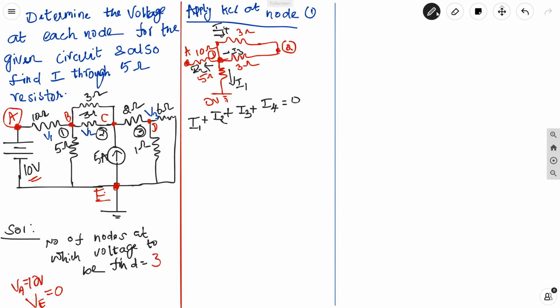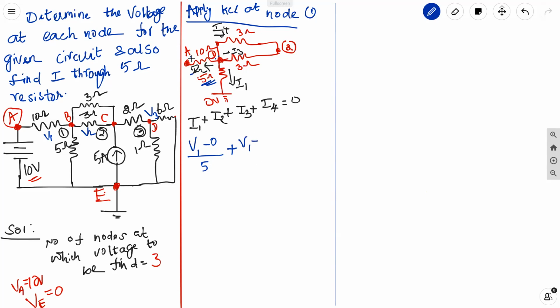Now let us figure out one by one. I1 is the current through the 5 ohm resistor, which is connected between node 1 and the 0 volt node. Node 1 voltage is unknown; we already chose it as V1. So it is V1 minus 0 divided by the resistance 5, plus I2. I2 is the current through the 10 ohm resistor, which is connected between node 1 and node A. Node 1 voltage is V1.